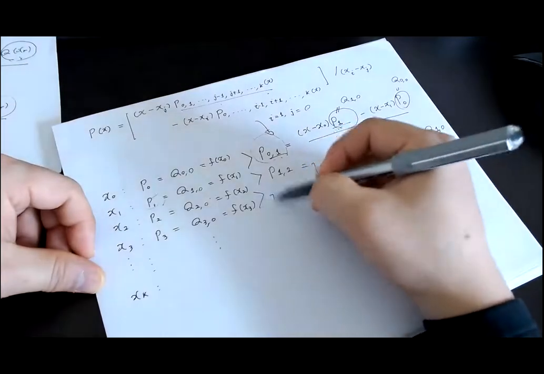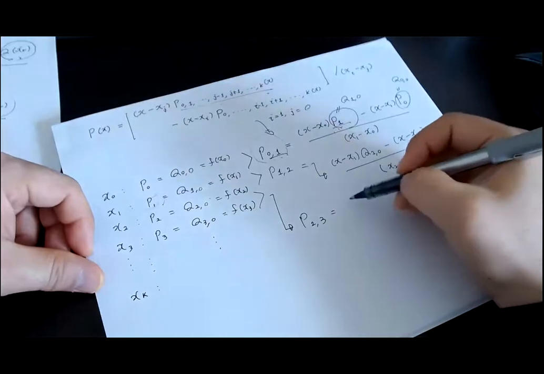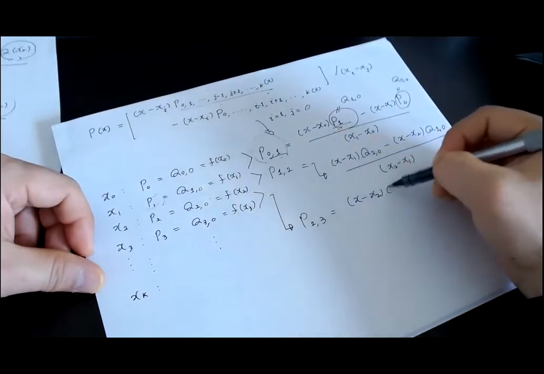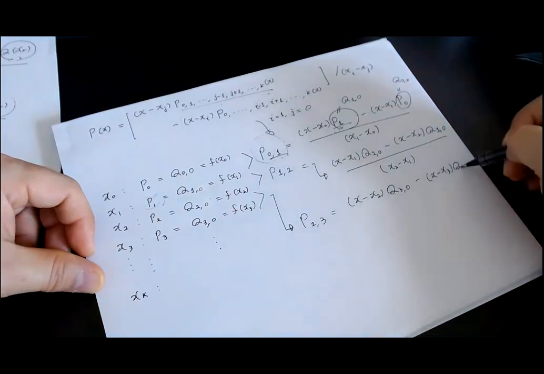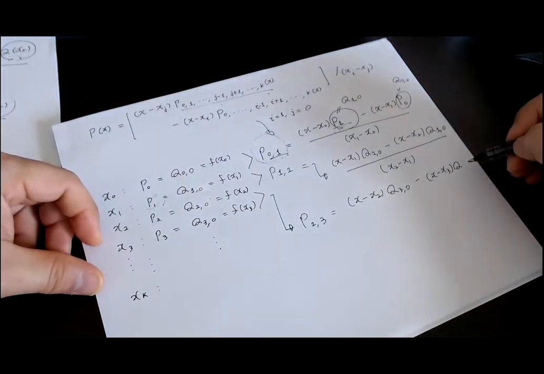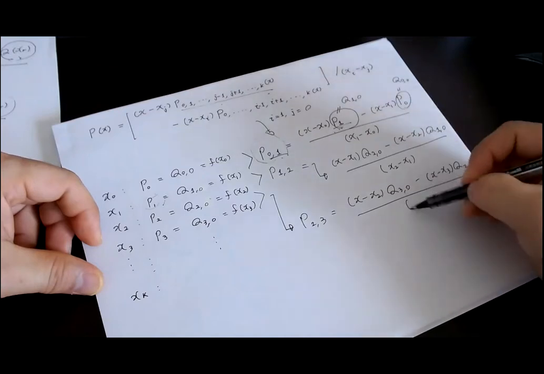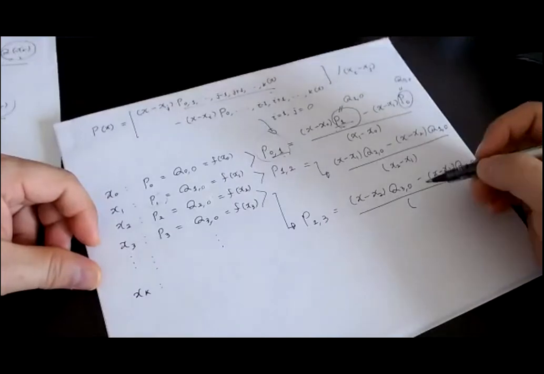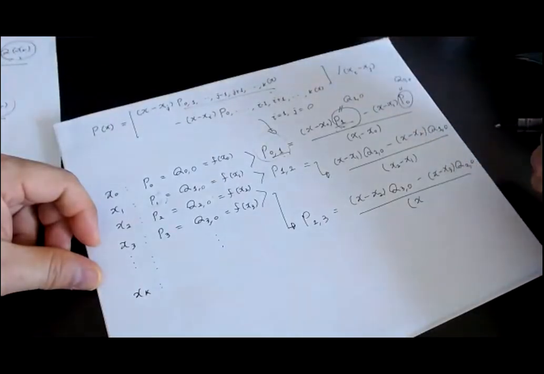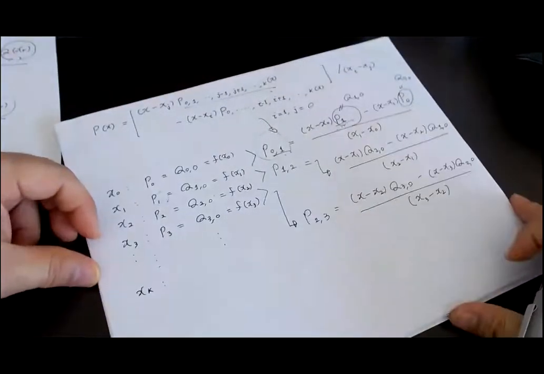Then what about this? p2,3 is equal to what? x minus x2 q3,0 minus x minus x3 q2,0 over, okay, and then x2, x3 minus x2, right?